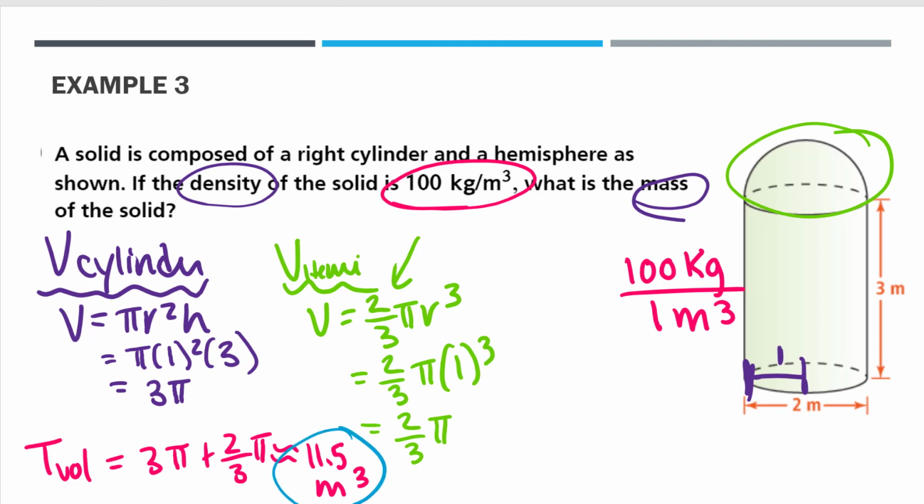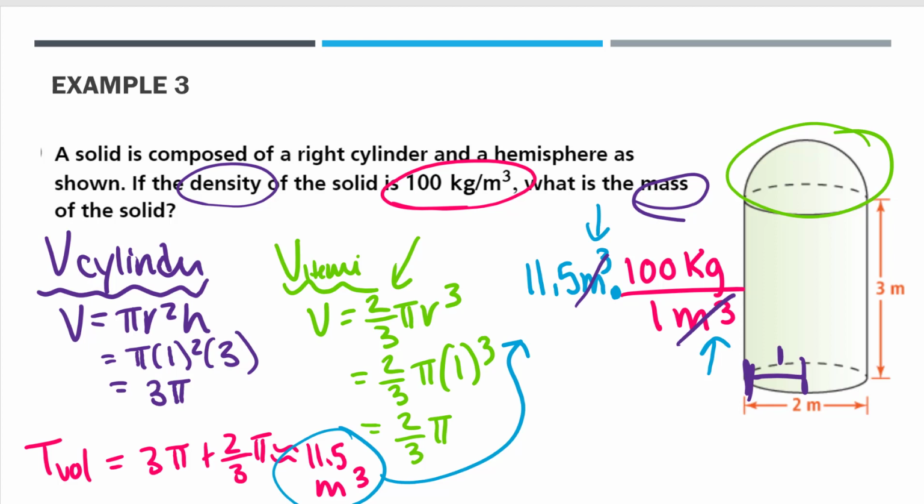We have 11.5 meters cubed, so I'm just going to transport this up here. 11.5 meters cubed. So it looks like I'm in a good spot here because I have meters cubed in the numerator, and I also have meters cubed in the denominator. By doing that, I can cancel them.